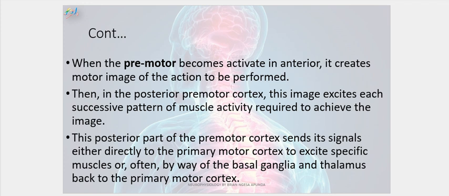This posterior part of the premotor cortex sends its signal either directly to the primary motor cortex or to the specific muscles to excite, or alternatively by way of the basal ganglia to the thalamus, then to the primary cortex.